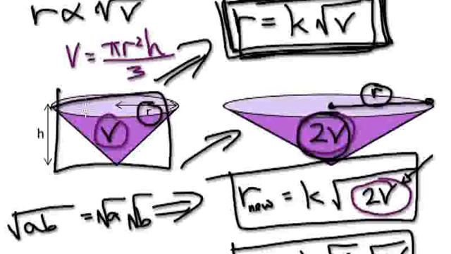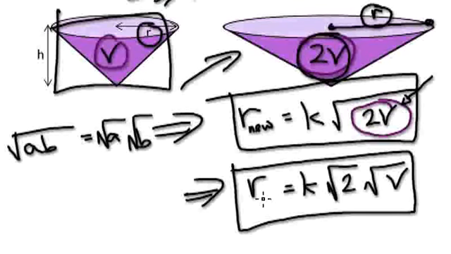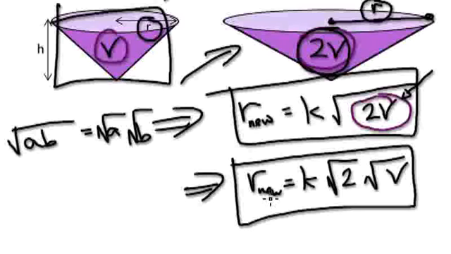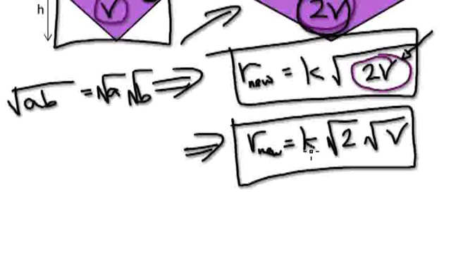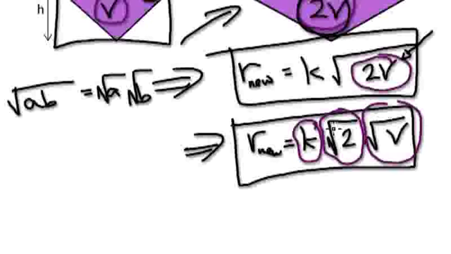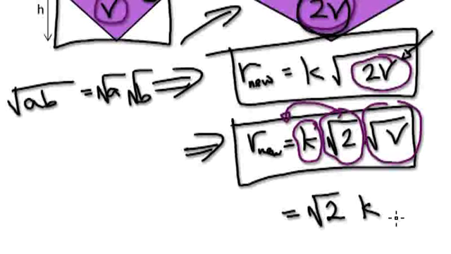We want to write the radius of the new one in terms of the old radius. At the moment, our new radius is this times this here. Let's move this in front and put the k in the middle. So it would be root 2 times k and then times root v.